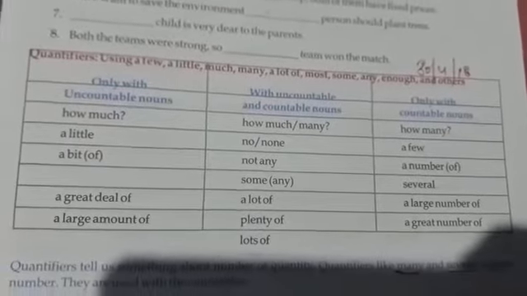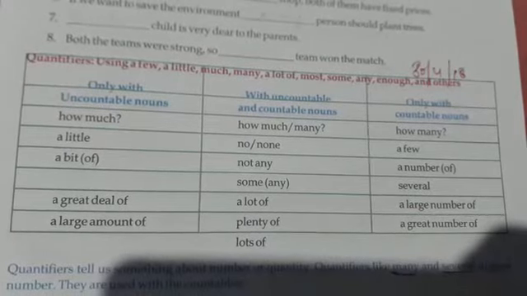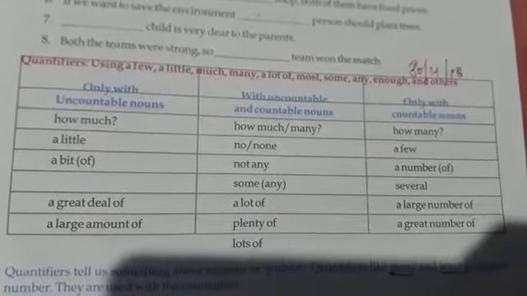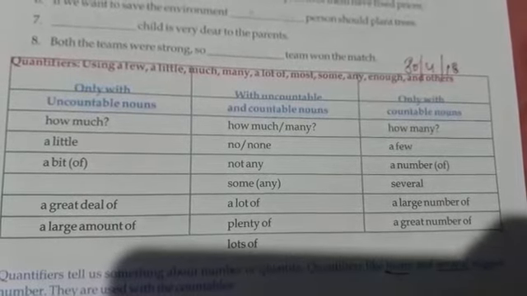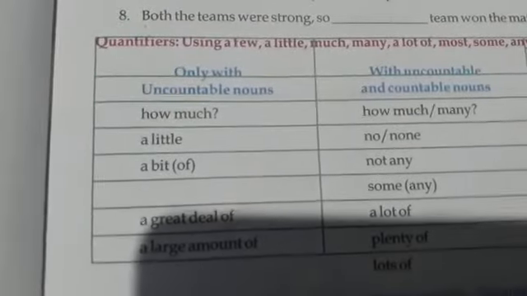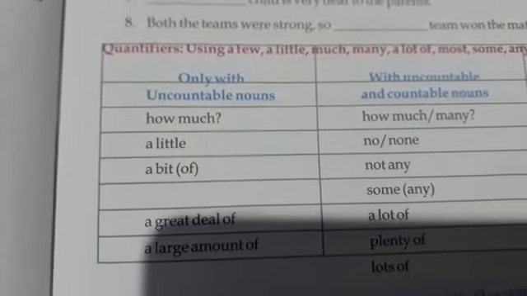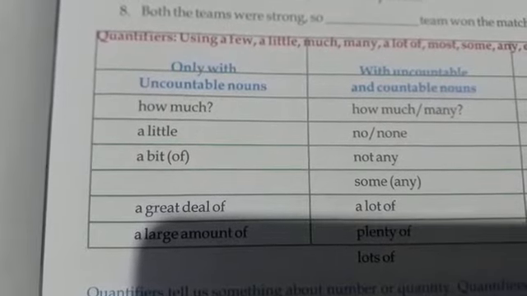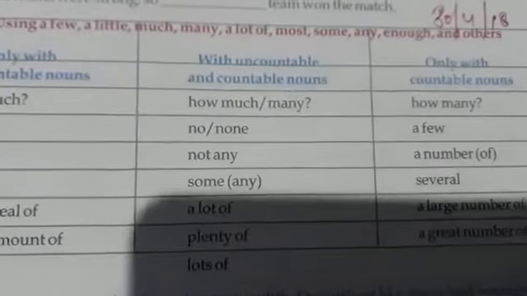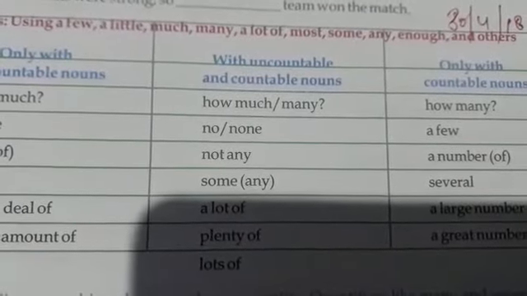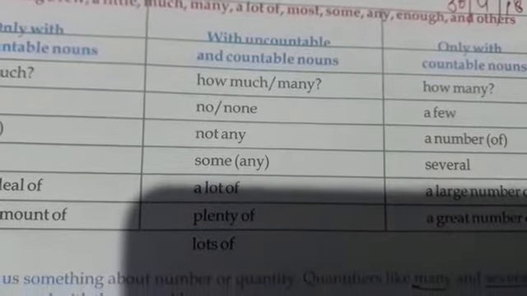So here a table is shown to make us clear about the uses of all these words. Some of the words are used only with uncountable nouns, and they are how much, a little, a bit of, a great deal of, and a large amount of. Whereas some words can be used with both uncountable and countable nouns.